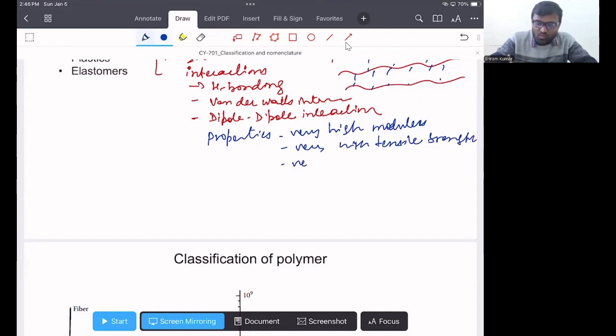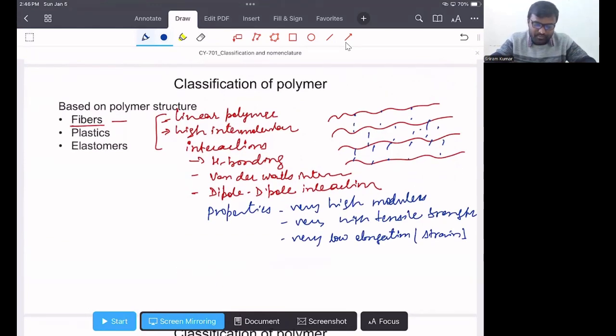And very low elongation, maybe a strain. So these are the properties of these fibers.